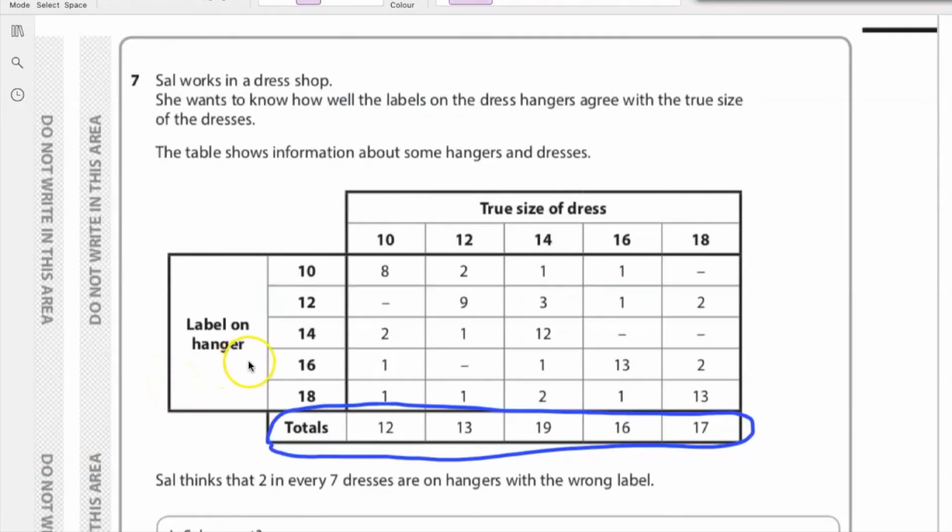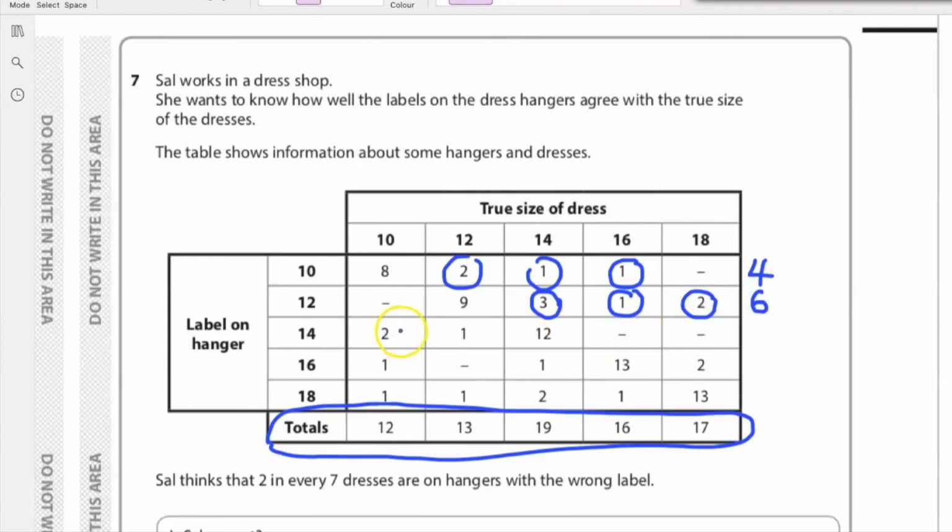Then we find the total of wrongly hung dresses. Here we got 2 plus 1 plus 1, which is 4. Got 3 plus 1 plus 2 is 6.